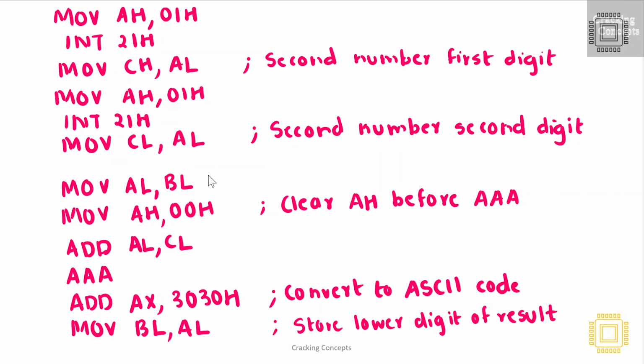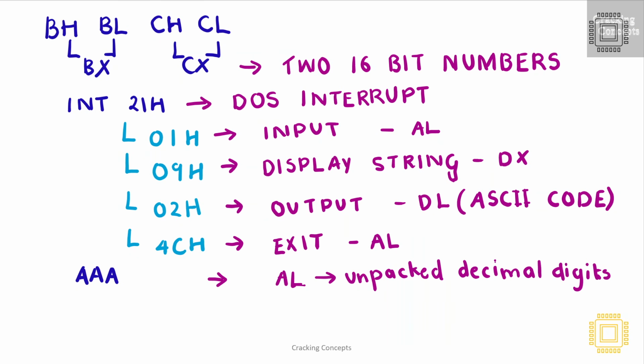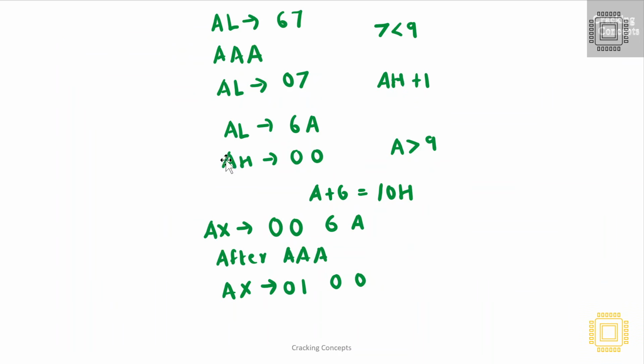Now it is mandatory that while adding, one of the operands should be present in AL. So I'm copying the value of BL to AL. As we previously discussed, when executing ASCII adjust after addition, we should always clear the value of AH before executing this instruction.